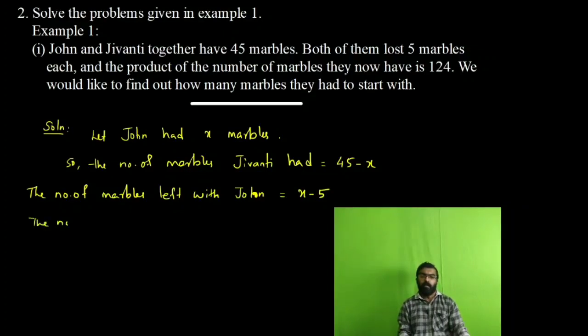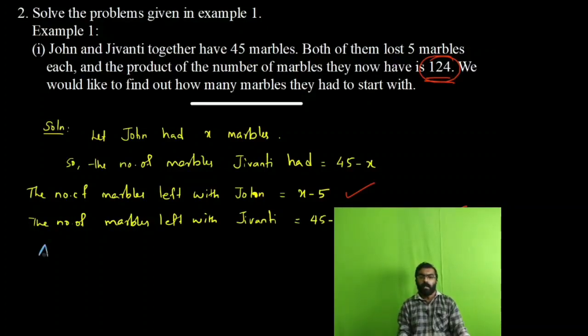And the number of marbles left with Jivanti is equal to 45 minus x minus 5, that is 40 minus x. 45 minus 5 is 40, and we can write 40 minus x. And it is given that the product of these two numbers will be equal to 124. It is given in the question.